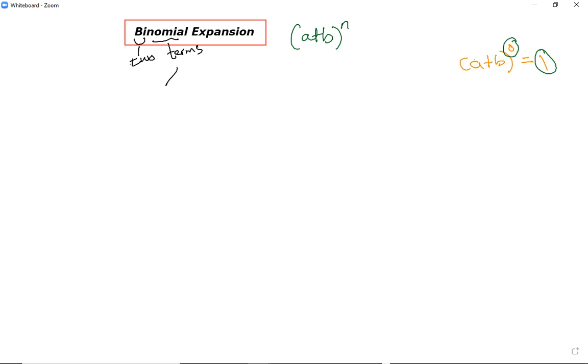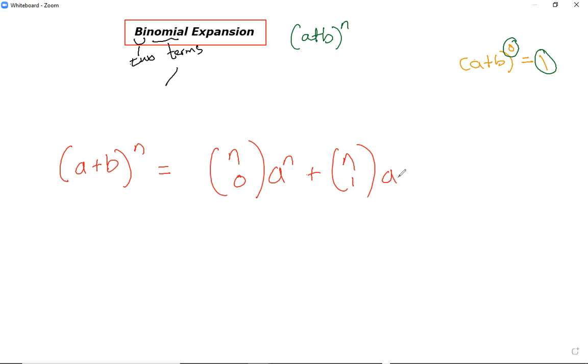Now that we have that, you have the binomial expansion of (a + b) to the power of n, and this formula can be used repetitively. So nC0 a to the power of n, plus nC1 a to the power of n minus 1 b to the power of 1, and it continues in that fashion until it gets to nCn b to the power of n.